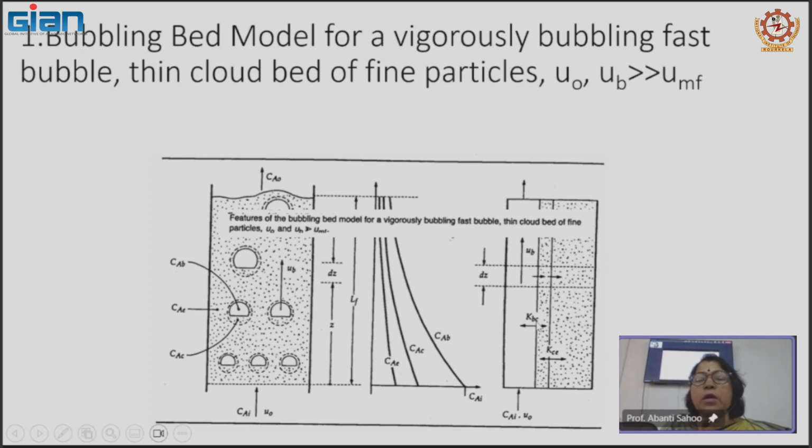Likewise, gaseous reactant moves bubble to cloud, cloud to bubble, and then cloud to emulsion, emulsion to cloud. Again, some gaseous reactant from the bubble is constantly entering the cloud and the emulsion phase also. With this mechanism the reaction takes place.